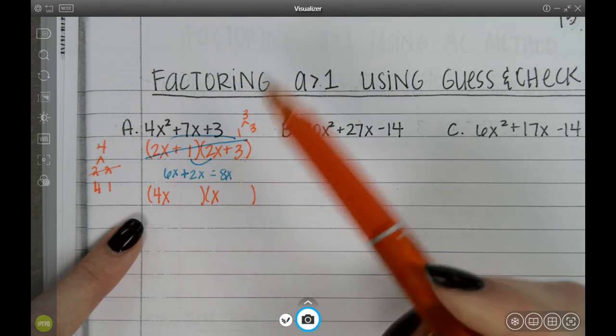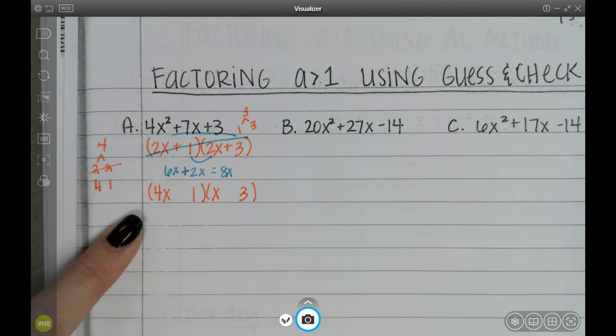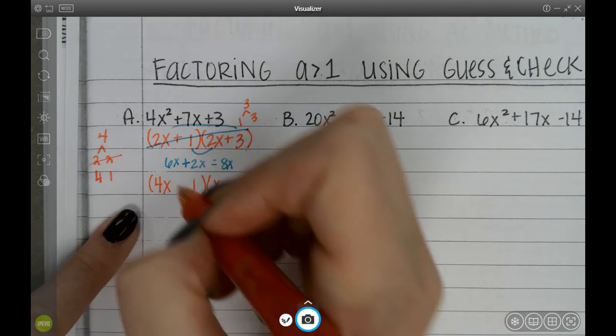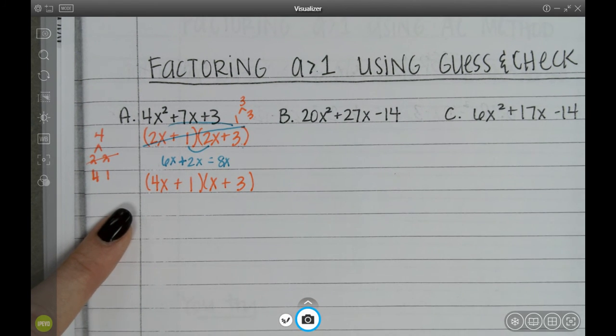And then I'm going to leave the 1 and 3. And then again, I know they're both going to be plus. So here's my next guess.